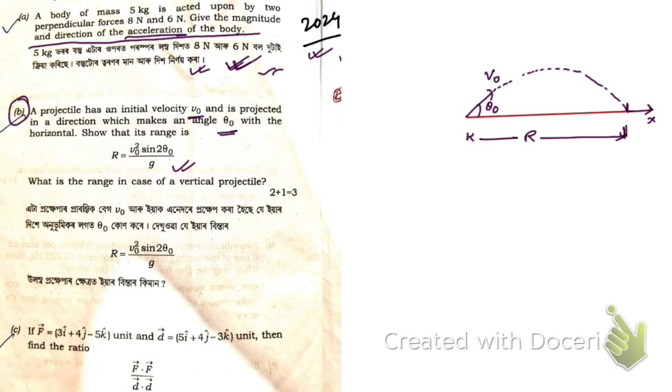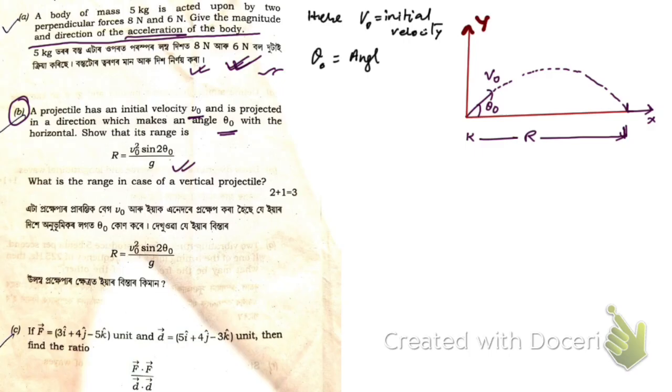And this is the y-axis, right? Let me clean this. Here v0 is the initial velocity, and theta naught is the angle of projection with the horizontal.